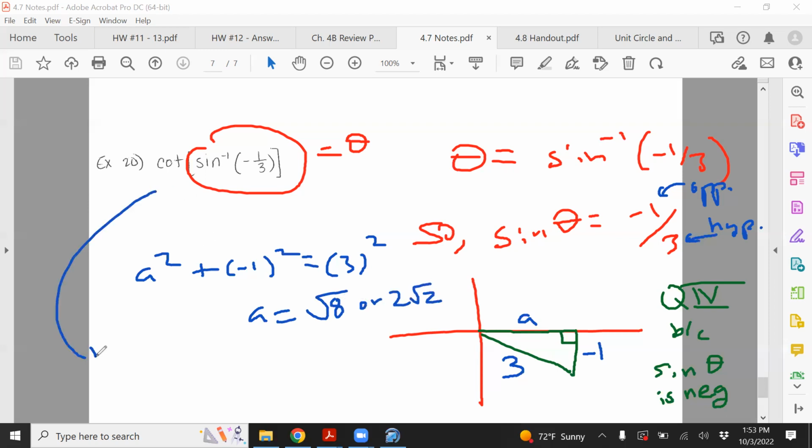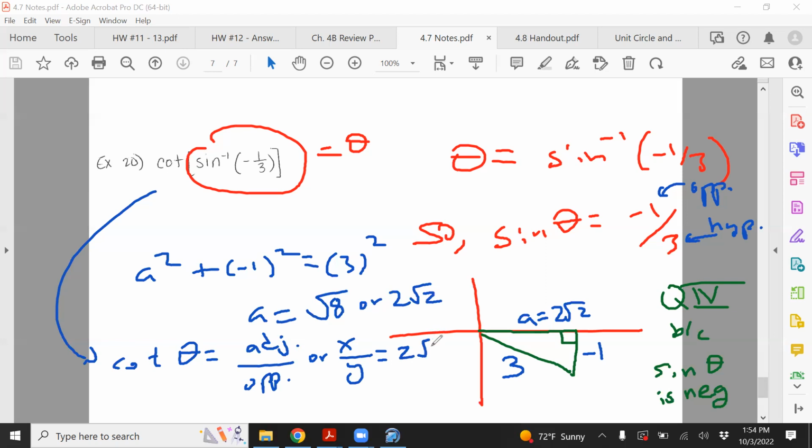So now I want the cotangent of theta, which is going to be adjacent over opposite, or x over y, which I'll give to you, by the way. I gave you in the last test. So what's that going to equal?